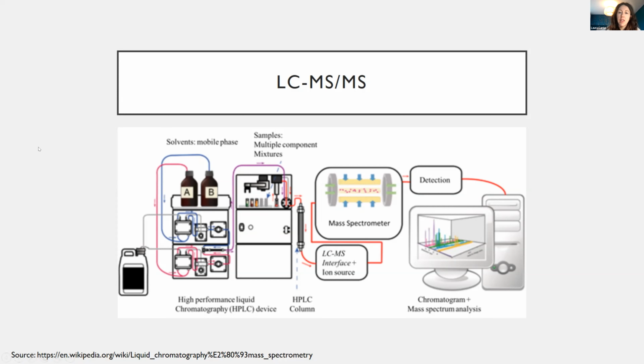And polar compounds, such as pharmaceuticals, can then be well separated on a reverse phase HPLC column. This is normally operated under a gradient option, where you get an aqueous to organic gradient solvent flow. And then your pharmaceuticals, once they've been separated, are transferred to the ion source.